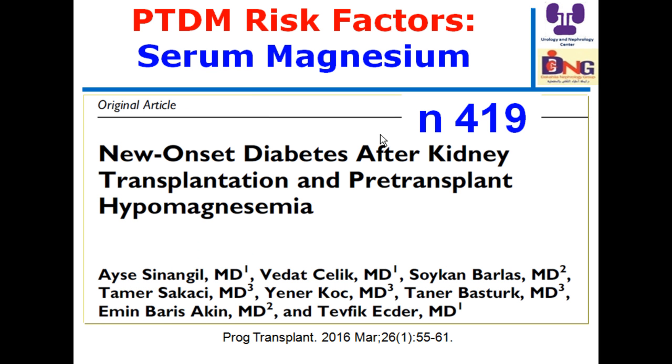The issue of serum magnesium: is hypomagnesemia a risk for development of post-transplant diabetes? So this is one of the studies showing the link of hypomagnesemia with development of diabetes. Hypomagnesemia before transplantation can become more pronounced after transplantation because of the use of calcineurin inhibitors, diuretics, and the presence of renal tubular dysfunction after kidney transplantation.